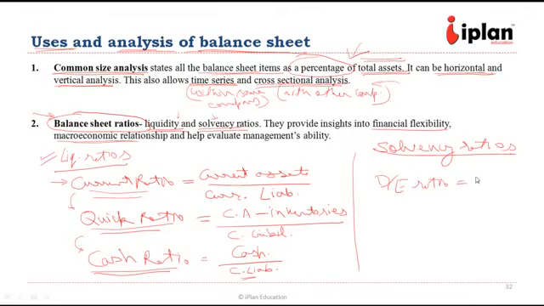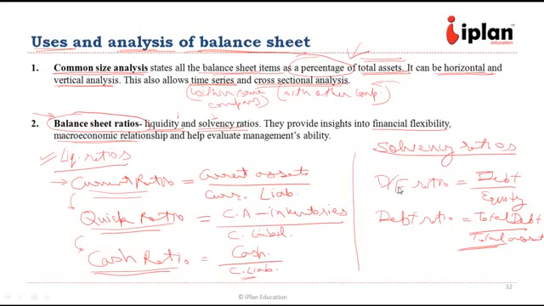They could be the debt equity ratio, which is debt divided by equity, or there could be the long-term debt equity ratio, where we have long-term debt divided by long-term equity, or we have the debt ratio, which is total debt divided by total assets. The higher the debt taken by the company, the poorer is the solvency of the company. We are getting all this information for these ratios from the balance sheet. That is why they are known as balance sheet ratios.